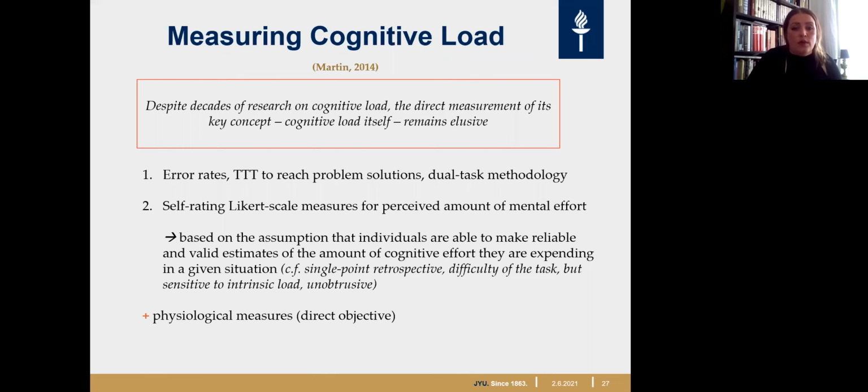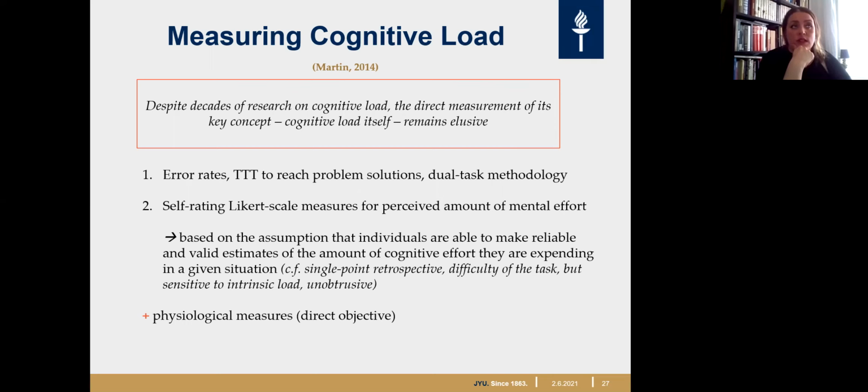Might also be good if some metacognitive aspects would be incorporated, and especially by combining objective and subjective data. These type 2 ways of measuring cognitive load have also been criticized for the single point retrospective way of measuring it, that after some task has been done, there's only one single point that is measured afterwards.